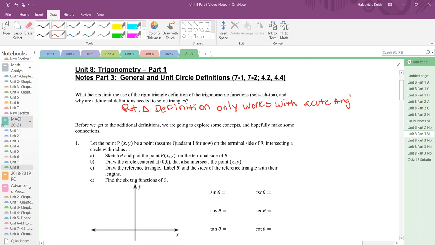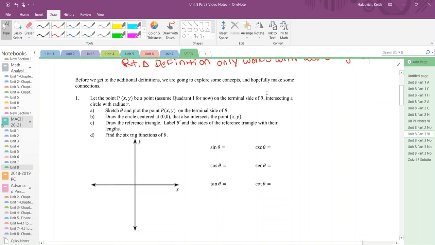So when theta is an acute angle, you can use the right triangle definition. But we need additional definitions because not all angles are acute. That's why we need the general and unit circle definitions.